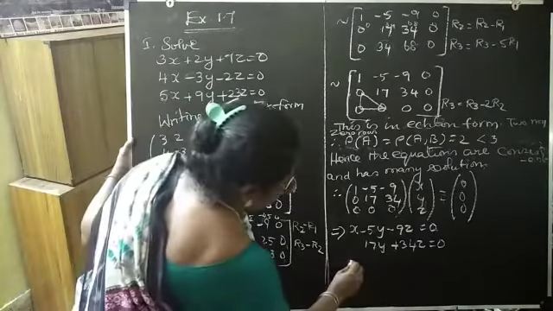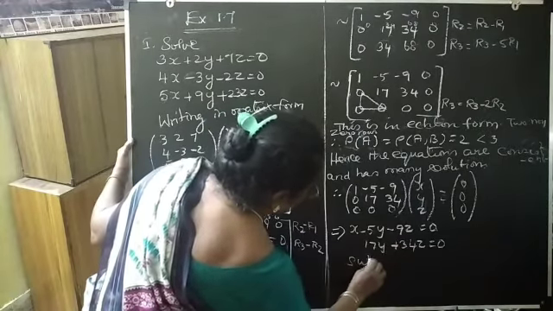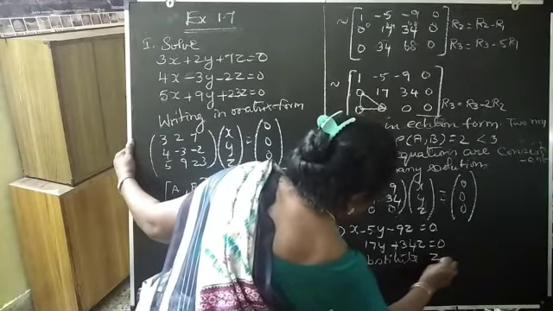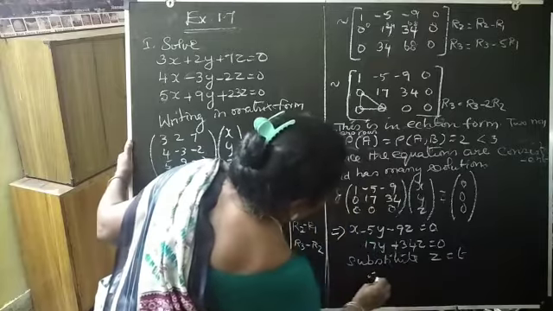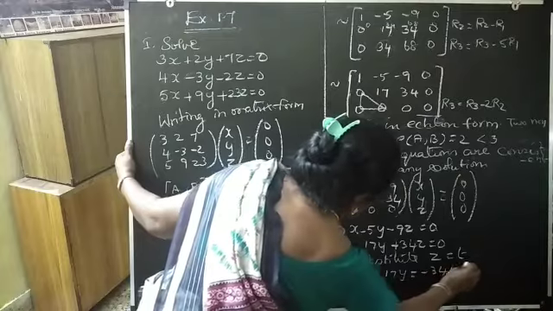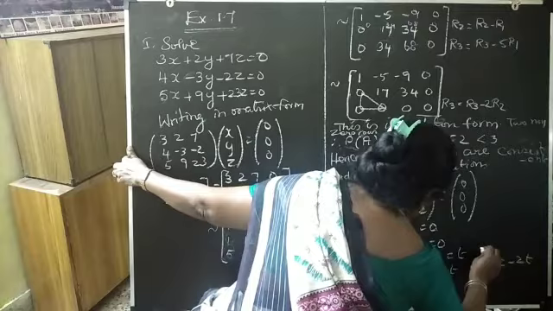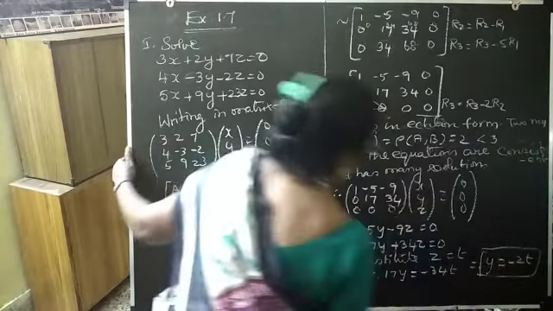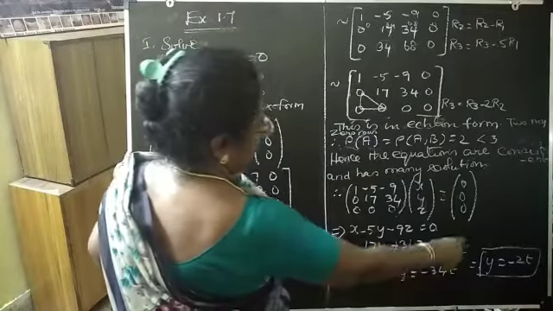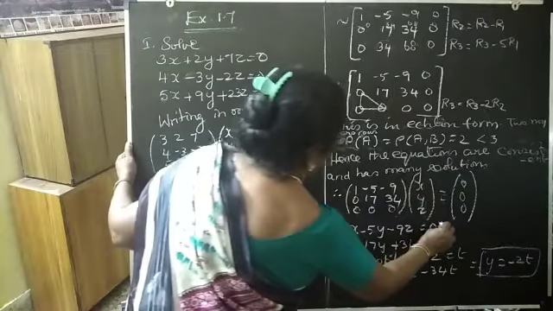So substitute z is equal to t. Therefore, 17y is equal to minus 34t, y is equal to minus 2t. Now substitute z is equal to t and y is equal to minus 2t in the first equation.